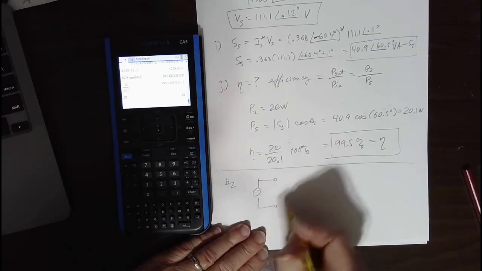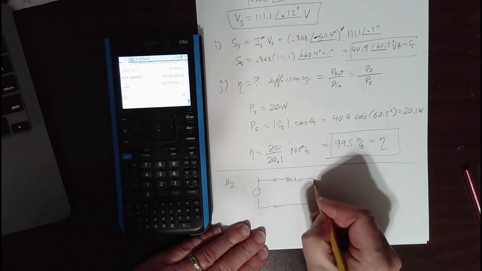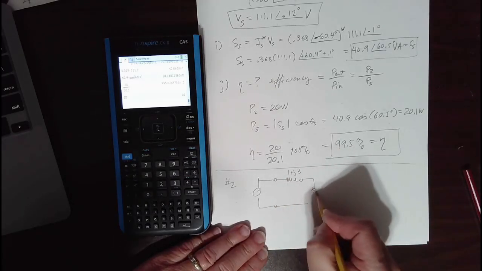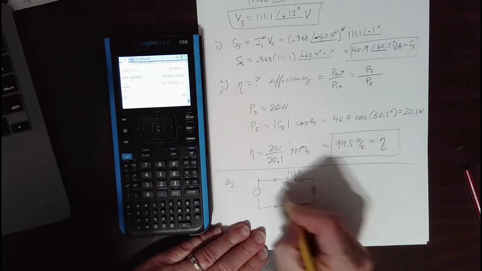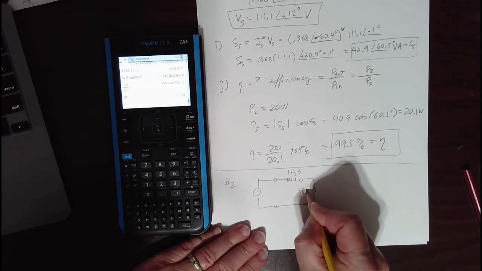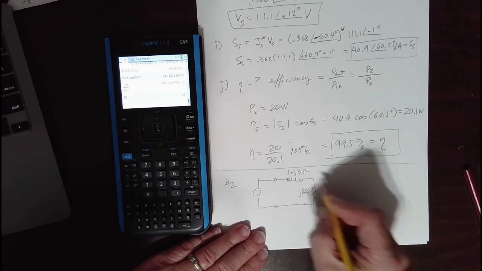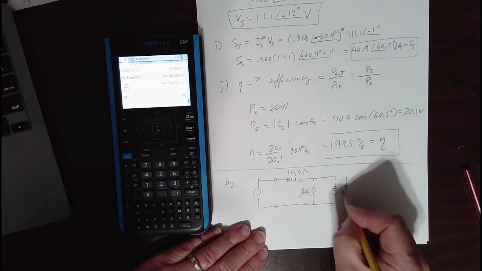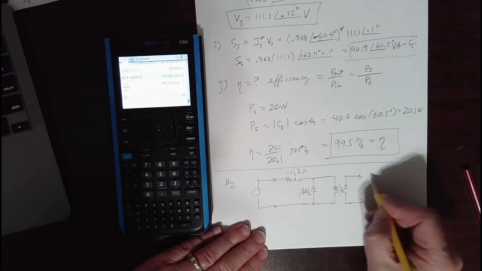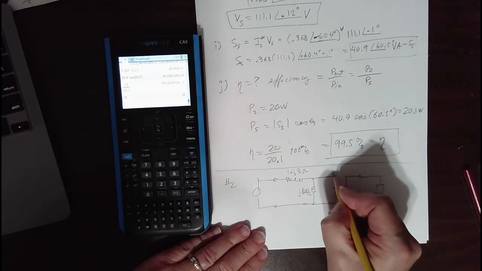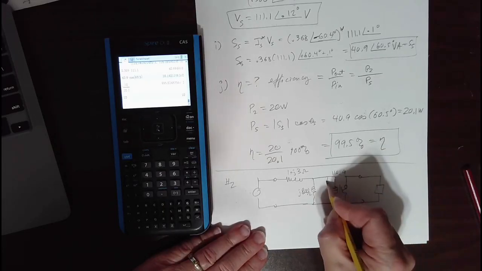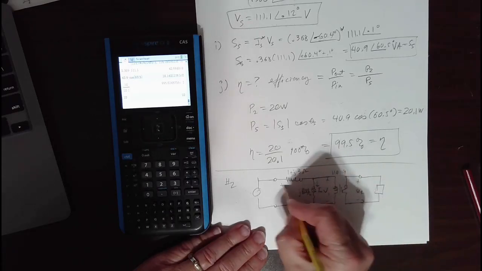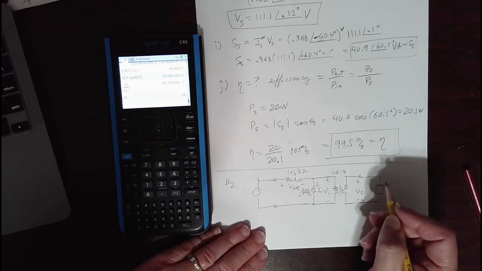Our source, then this 1 plus j3, the element in our transformer model representing the inductance and resistance of the wires, and we've got our j800 ohms for the magnetic core of the transformer, and then our ideal transformer here, and then our load. This is 110 to 9, and so forth.